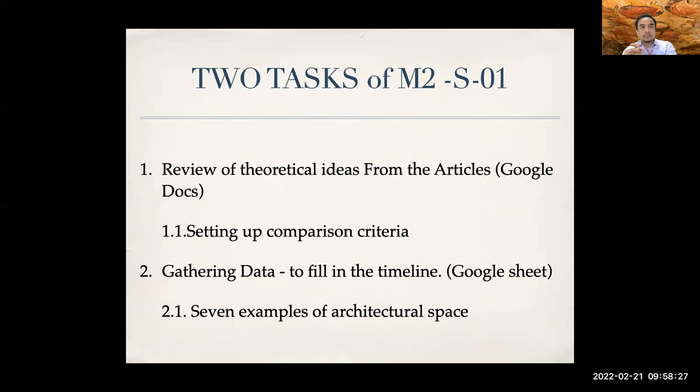And then based on that idea that you choose, try to use that logic and select the example of buildings, of houses, of temples that fit the theoretical idea, right? And make a timeline. The timeline is in the Google Sheet, also provided in the assignments, right?